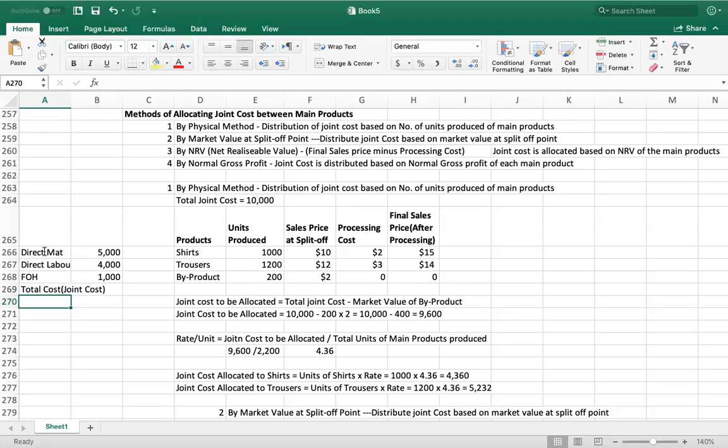Will this be given in the question, or will we calculate it? Sometimes he will give you the total joint cost directly.